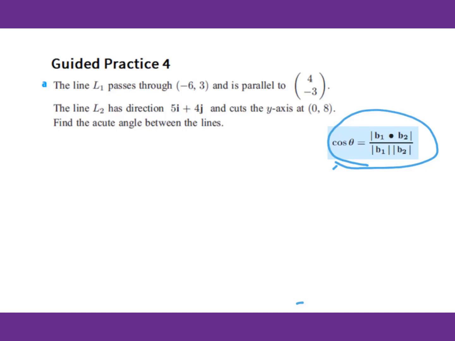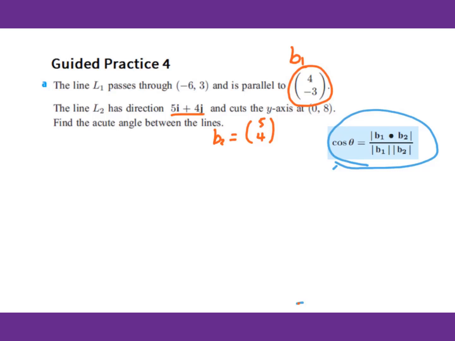For L1, this will be the direction vector. For L2, this is a given. We can write down (5, 4) in unit vector form. This will be B2.